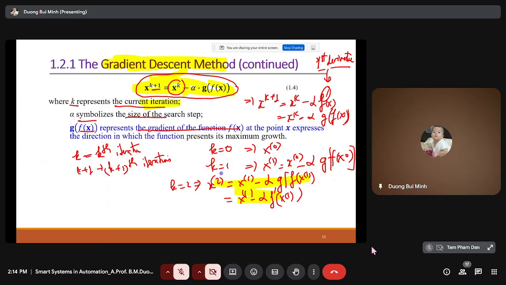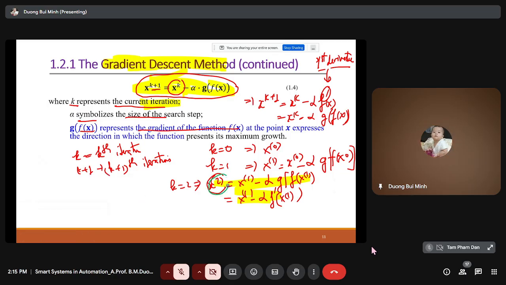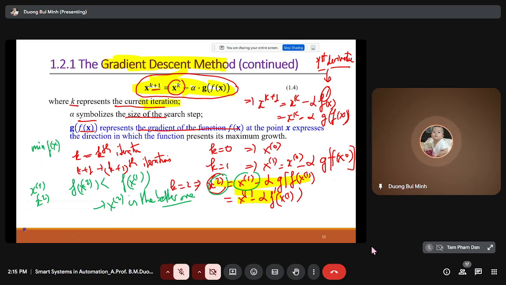After we calculate x2 and x1, we don't know whether x1 or x2 is better. It depends on your purpose. If you would like to find the minimum f(x), and f(x2) is less than f(x1), we conclude that x2 is the better one, because we are looking for the minimum value of f(x).